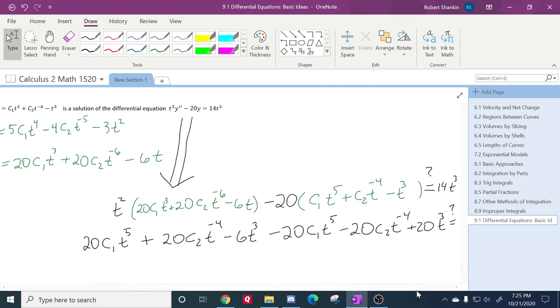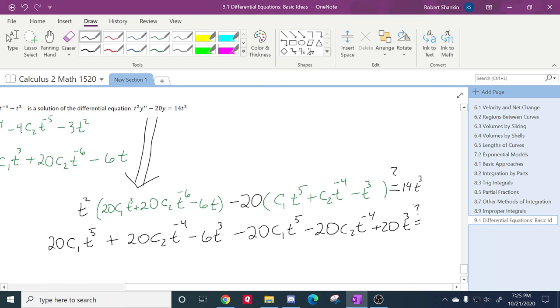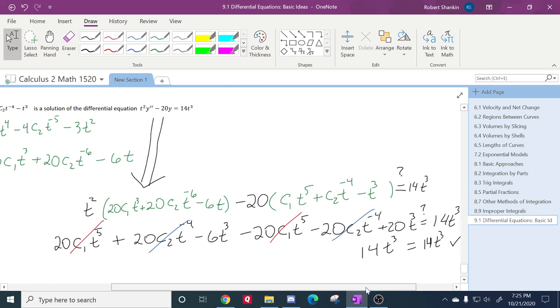Does that equal 14t cubed? And then we notice this and this cancel out. We notice this and this cancel out. And then we just have 20t cubed minus 6t cubed, which is 14t cubed. And it does equal 14t cubed. It checks. We verified our solution.